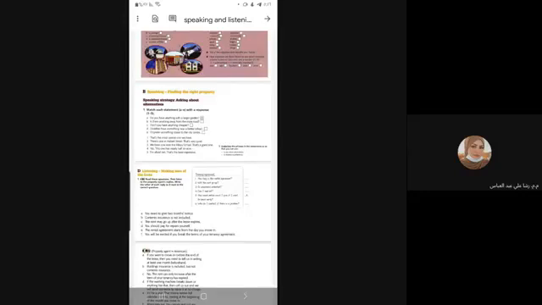So, match each statement from A to E with a response from 1 to 5. طبعا عندنا جمل والإجابة على هذه الجمل. الجمل الأولى is said by the person who wants to buy. الشخص اللي يريد يشتري. Okay? And the second by the agent or the company. طبعا الوكيل أو الشركة اللي ممكن يساعدون في إيجاد العقار المناسب.